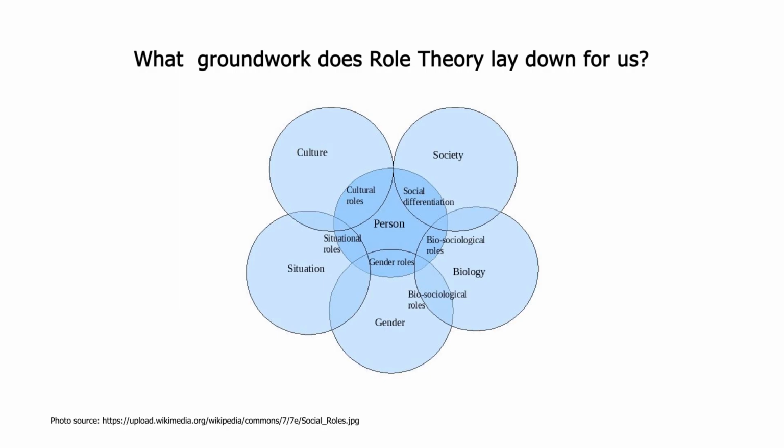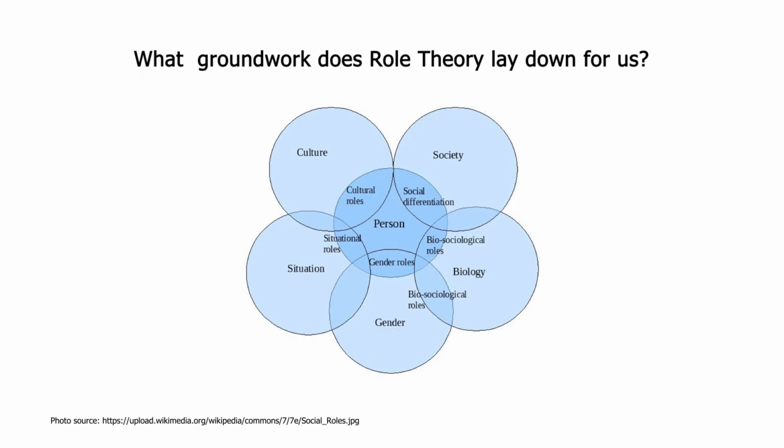This is also shown in the picture on the slide, and you can locate the person at the very center. In the end, we will look at what kind of groundwork role theory lays down before us.